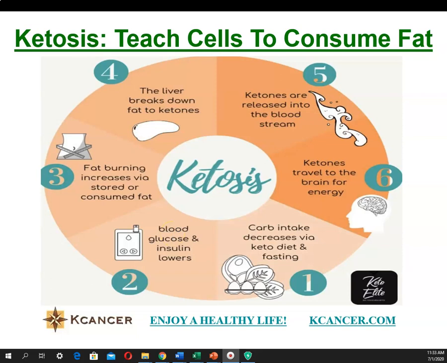Because there is less glucose used as energy for the cells, the body informs the pancreas to reduce insulin secretion. This is a very important point, because we don't need insulin anymore.